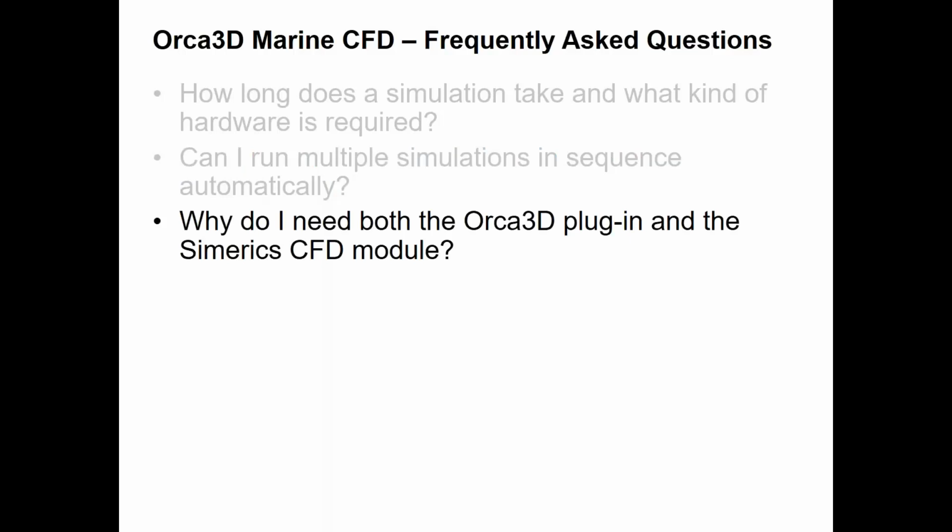So why do I need both the Orca3D plugin and the Simerics CFD? I have Rhino already. Can't I just get Simerics CFD? And what does the Orca3D plugin offer me? Well, hopefully what we've shown you during the webinar is that Orca3D makes the CFD analysis straightforward, and it also minimizes the likelihood of error when transferring your data.